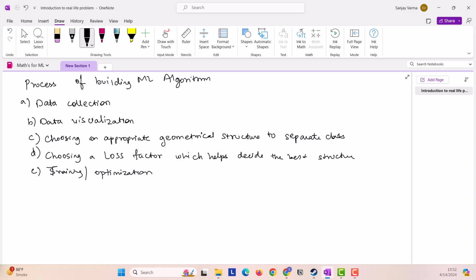Okay, so in our case, we have done this part. Now we are almost done with this part. We are on this. We'll look into this in the next lecture, where we look more into hyperplanes and how they work.